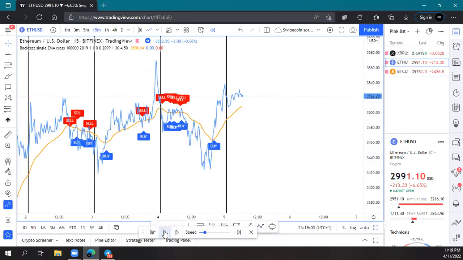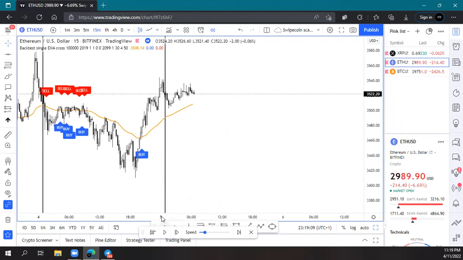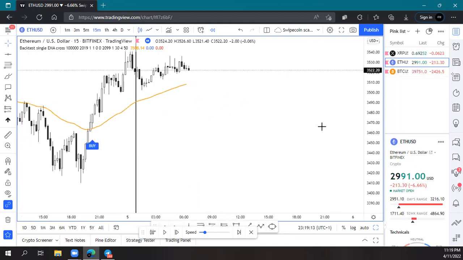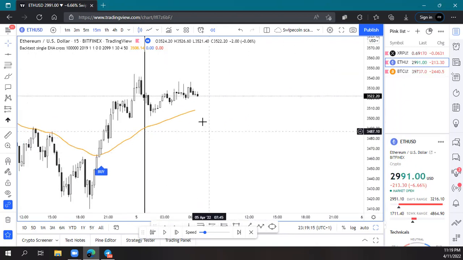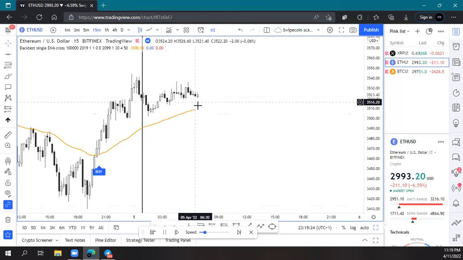So let's say the market was actually moving. Let me change it back to candlesticks, so that you guys actually see what is really happening. Okay, so now look at this. Let's say the market was actually moving and we got a sell signal, right?